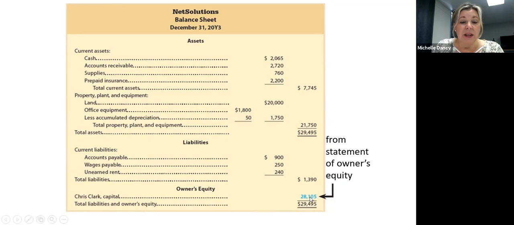Liabilities plus equity equals 29,495. So this has just been a little review on your financial statements with a little more explanation about a classified balance sheet. But 99% of our financials are exactly the way that we learned them in chapter 1.